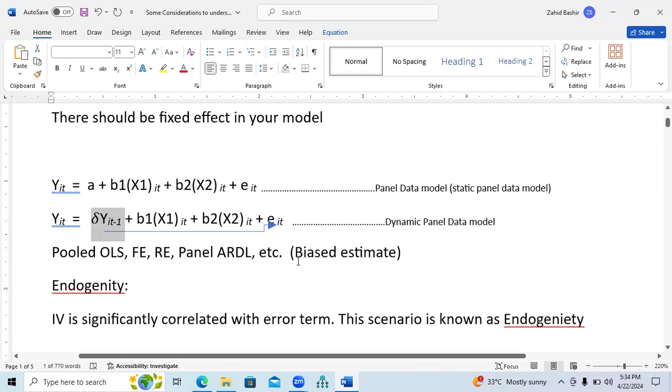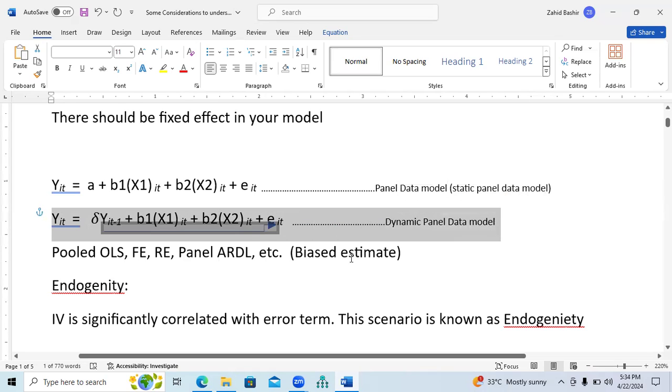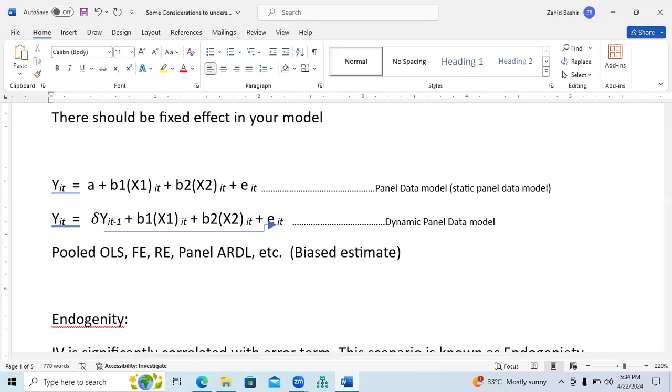So what is the solution if you have a model like this? How can we have the estimates which are bias free? So we need to consider the GMM estimation, which is basically the generalized method of moments. So in this case, we have two types of estimation. The first one is called the difference GMM, and the second one is called the system GMM.